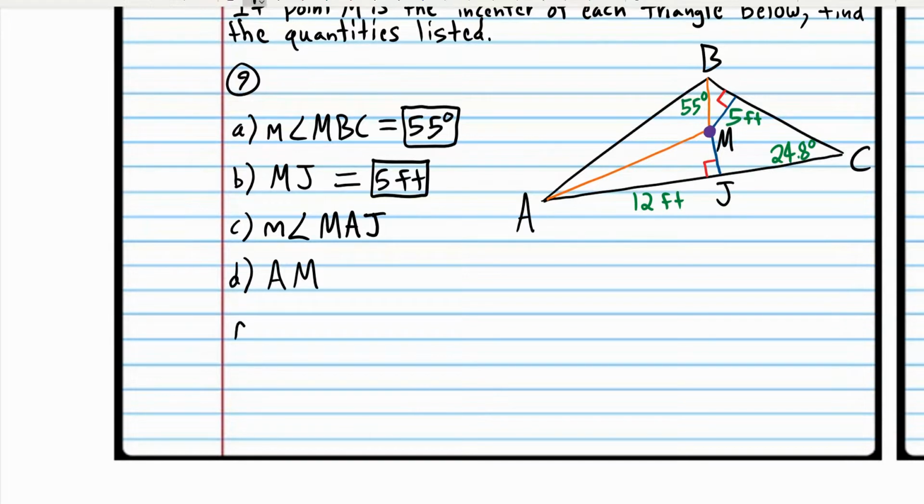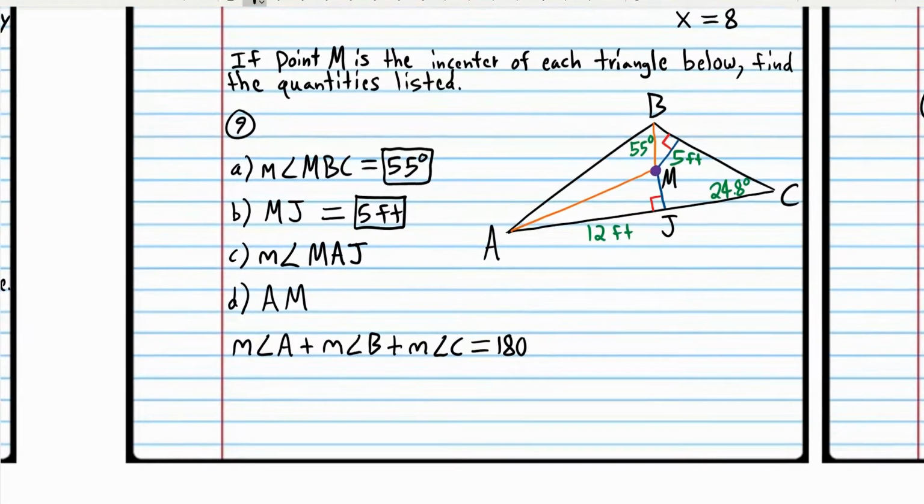So the measure of angle A plus the measure of angle B plus the measure of angle C has to be equal to 180. Again, remember, we learned that theorem. So measure of angle A, we don't know. That's what we're looking for.